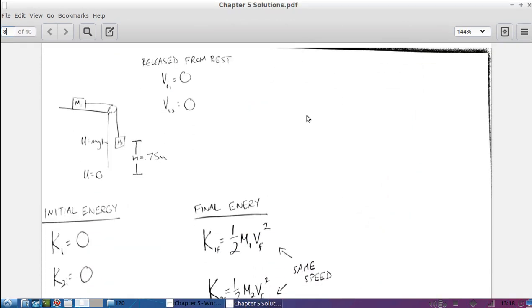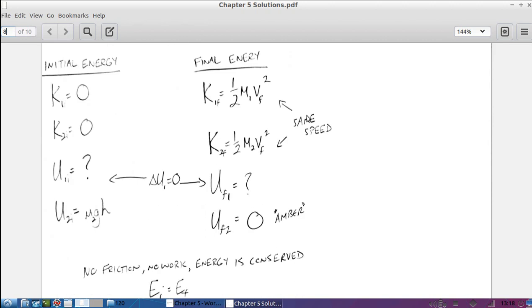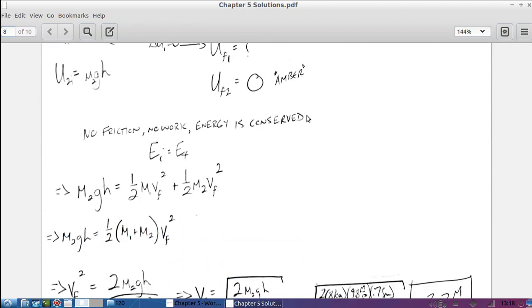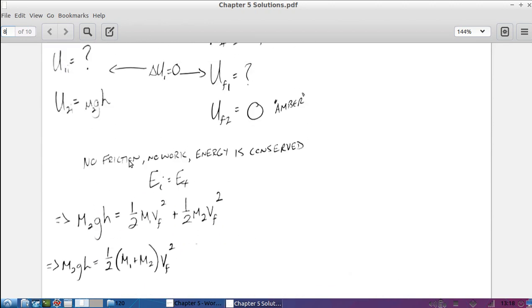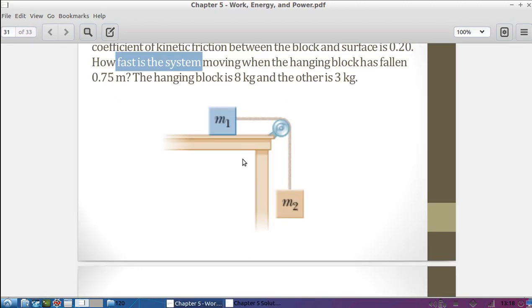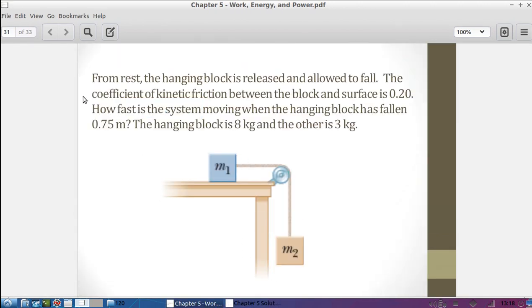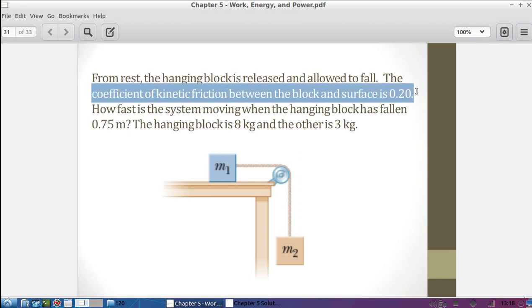One thing I just noticed while making the video is that I solved this problem as if there was no friction. I'm doing a conservation of energy problem. Those of you watching the video will see that there is a coefficient of friction in the problem between the block and the surface.